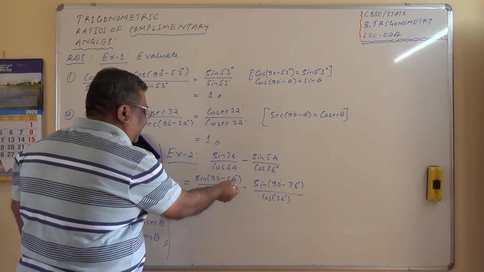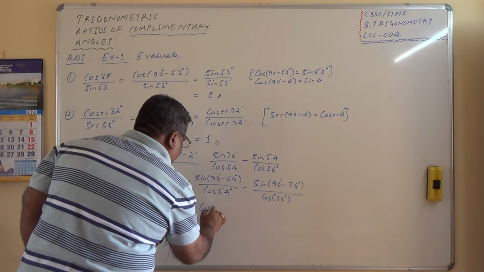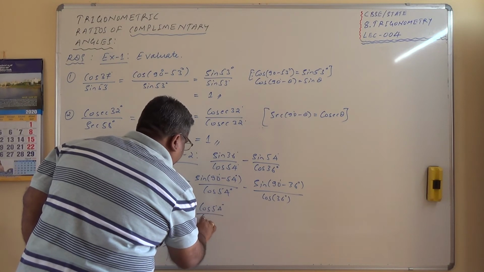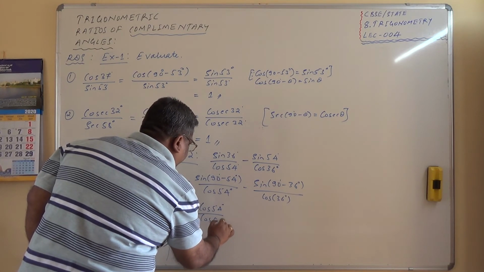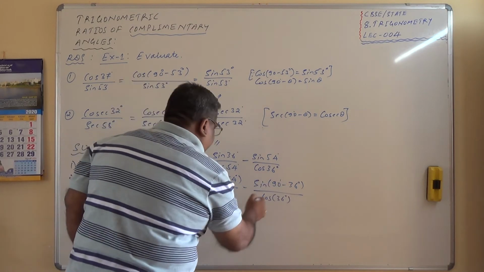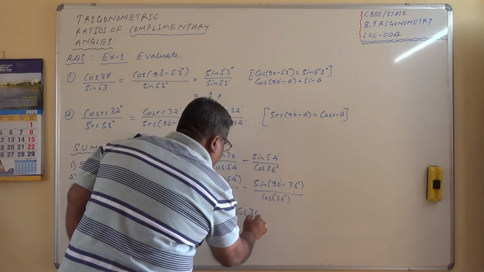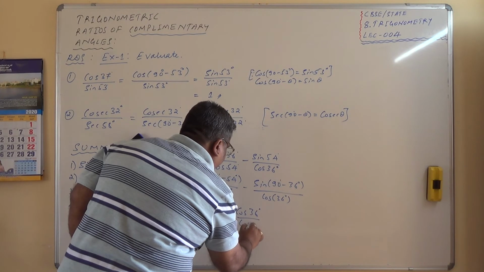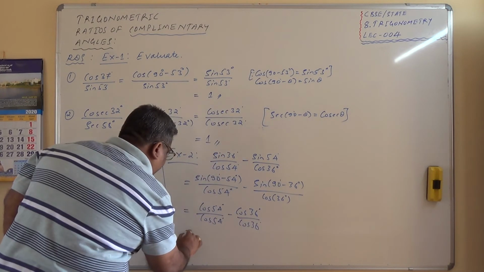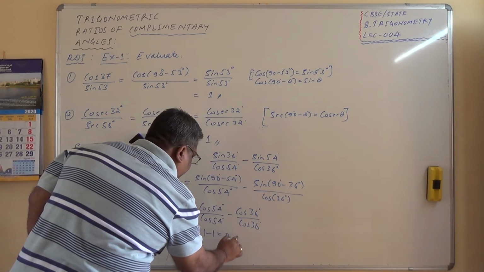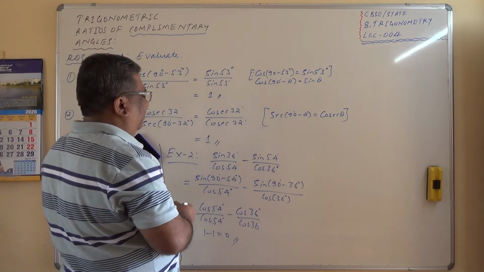Now sin of 90 minus 54 is cos of 54 degrees divided by cos of 54 degrees, minus sin of 90 minus 36 is cos of 36 degrees divided by cos of 36 degrees, which equals 1 minus 1, which is 0. This is the answer for your question.